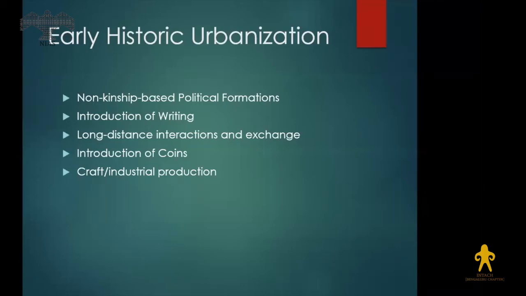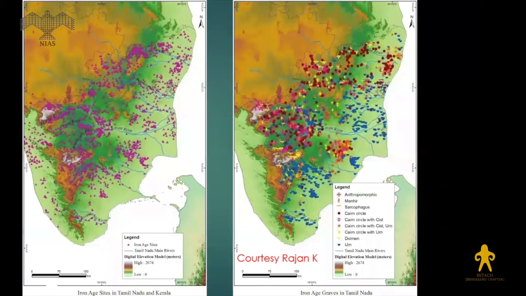However, when we look at all the settlements of the early historic period, we can see certain patterns, certain variations in the settlements. And even if you look at the native people's understanding as reflected in the literature, we get to know that some of these settlements could definitely be called urban centers. This particular map is from Professor Rajan.